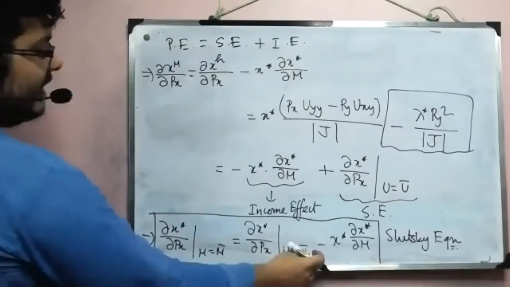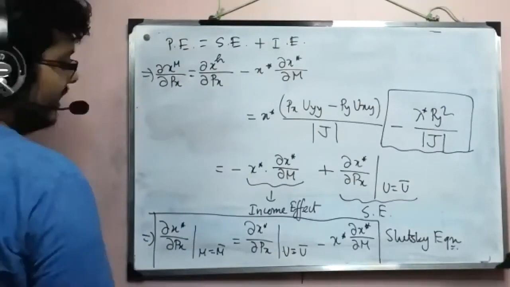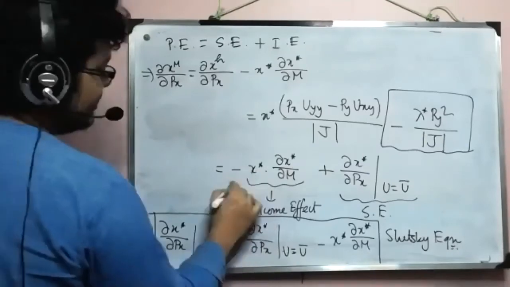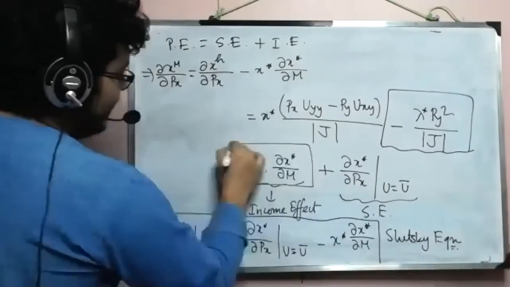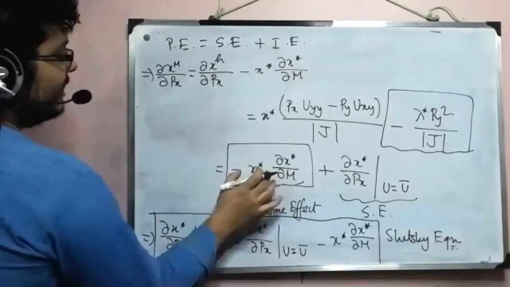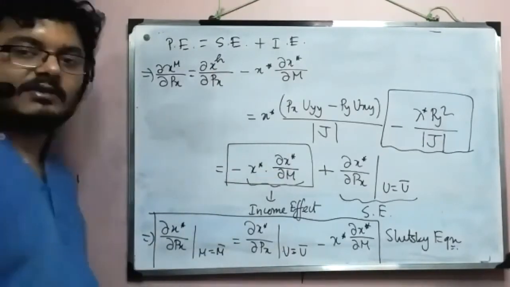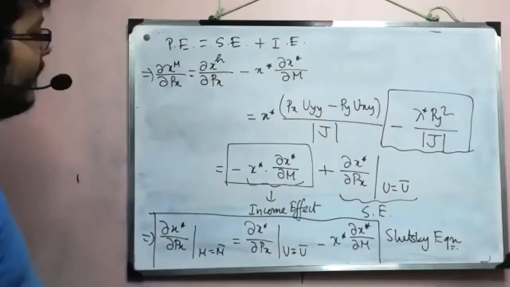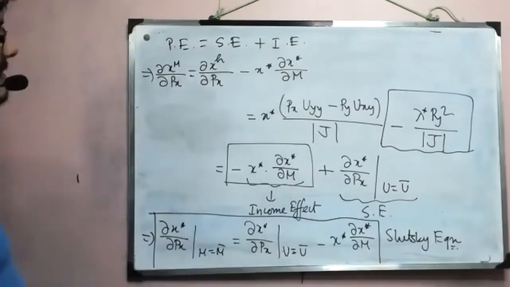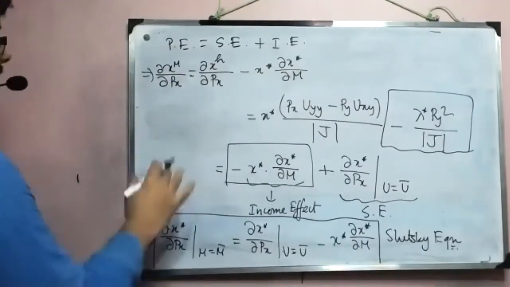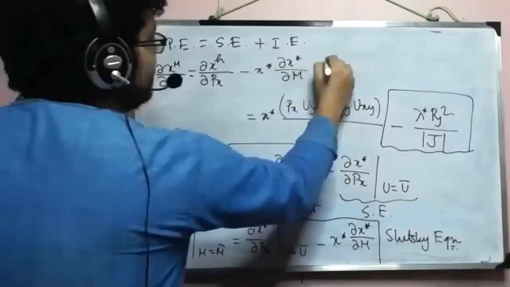So by that what I'm trying to say is that this entire thing, taking in the minus, is essentially income effect, right? Okay, all right, so this is what we have at the end. So this is our Slutsky equation.